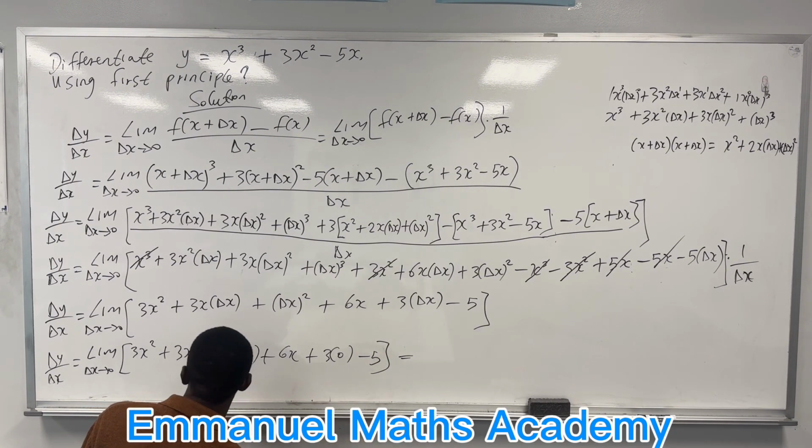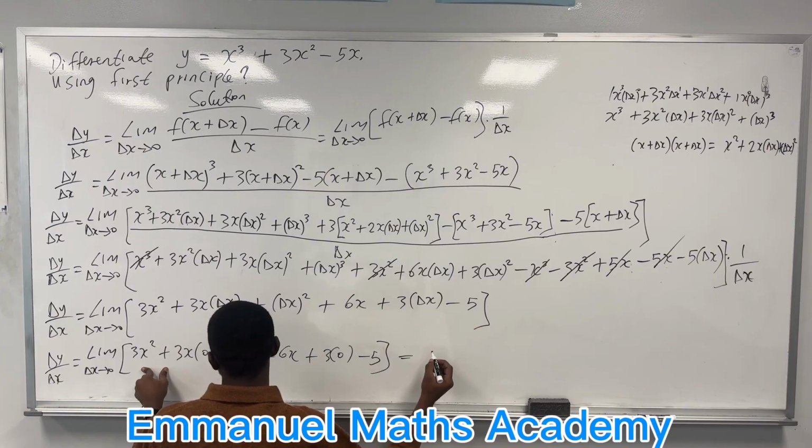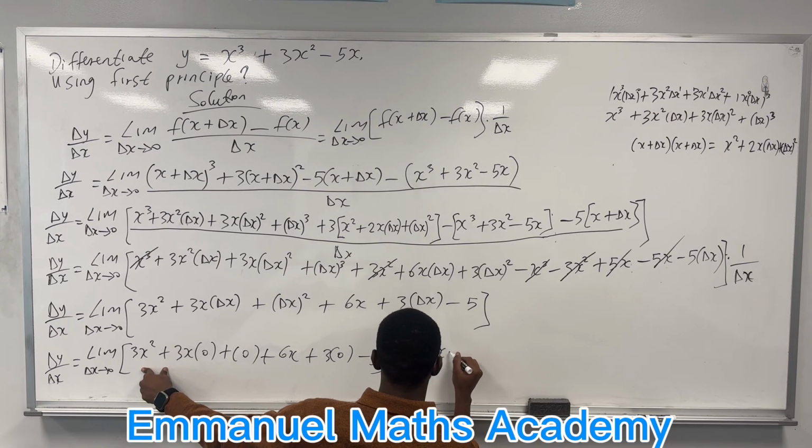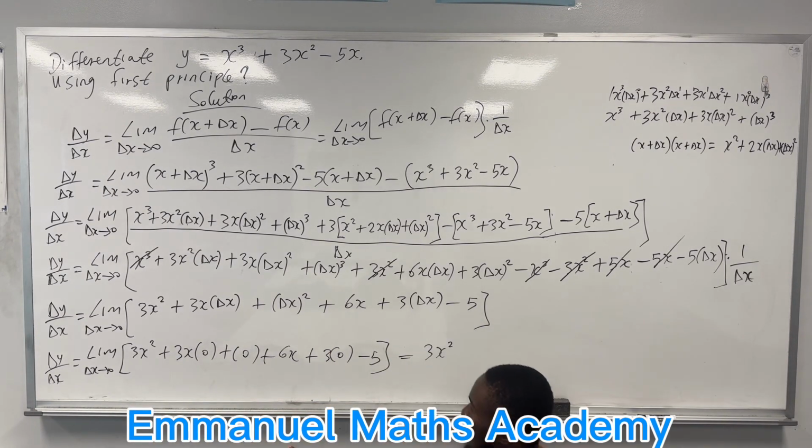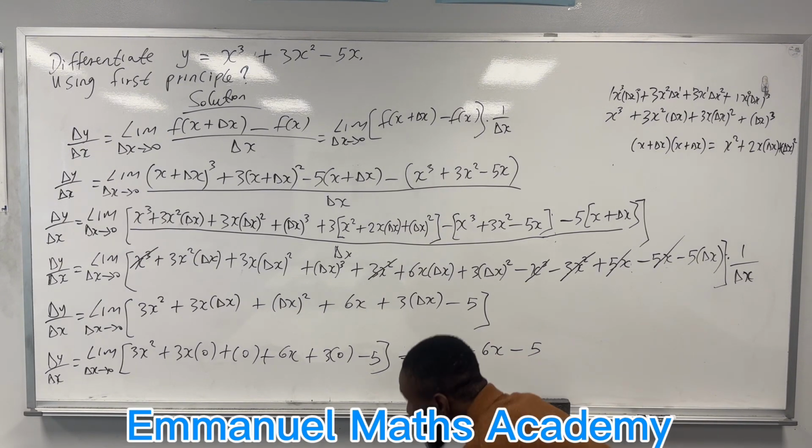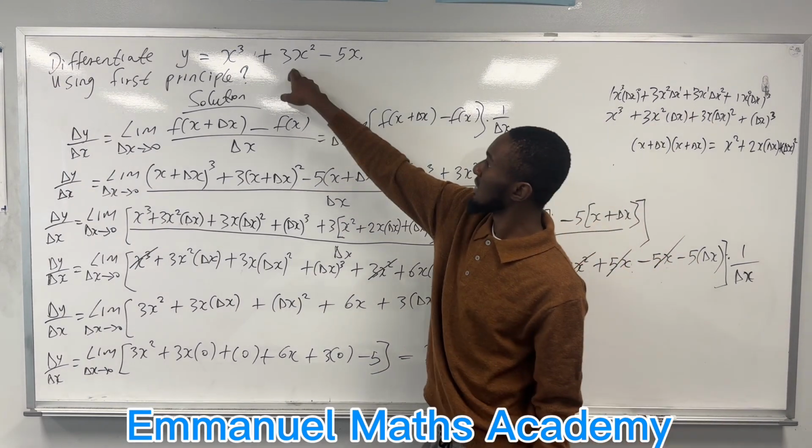So this is equal to 3x squared. This will give you 0, this will give you 0. We have plus 6x. This will give you 0 also, minus 5. Hence, the derivative of this function here is this.